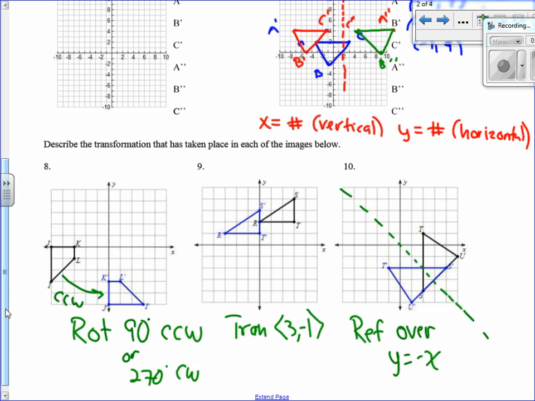Either way, either way. We always work from counterclockwise, but it's okay. I know what you're saying. We're trying to fix it.